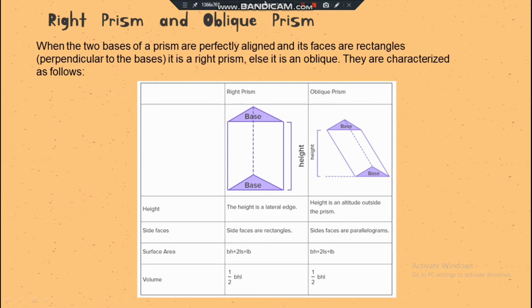They are characterized as follows. In a right prism, h is a lateral edge. In an oblique prism, h is an altitude outside the prism. Side faces of right prisms are rectangles. Side faces of oblique prisms are parallelograms.